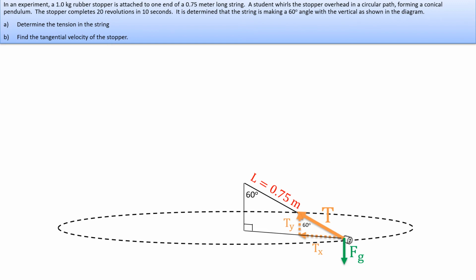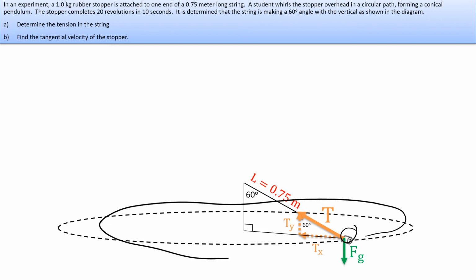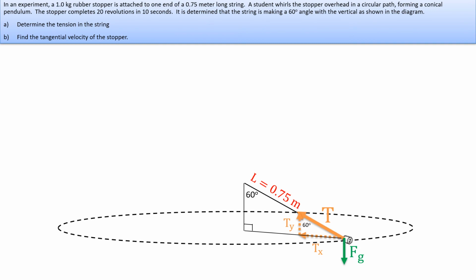Is that the radius of the circle that this is making? Let's take a look at the diagram. Is that the radius? Hopefully you're saying, no, that's not the radius. This is the radius right here. Okay, so whatever this distance is, that's going to be the radius. All right, so I'll let you think about how you would find that radius as we start the rest of this problem.